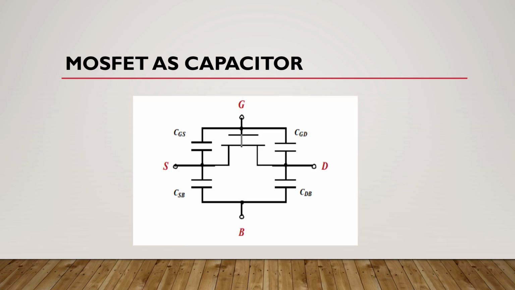Now look at this figure. As you can see here, this terminal is source, this is gate, this is drain, and this is bulk.